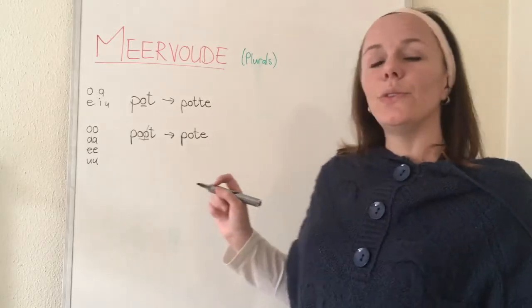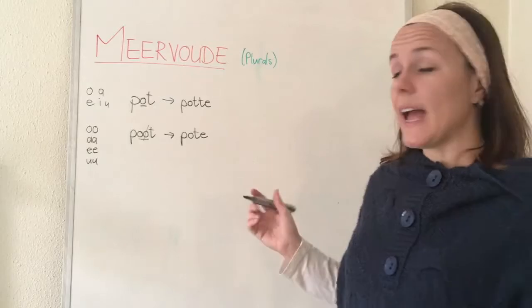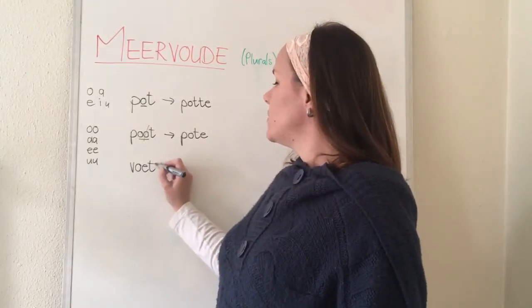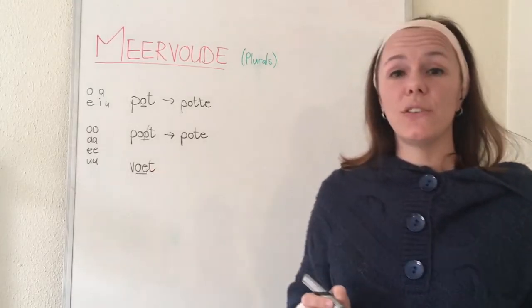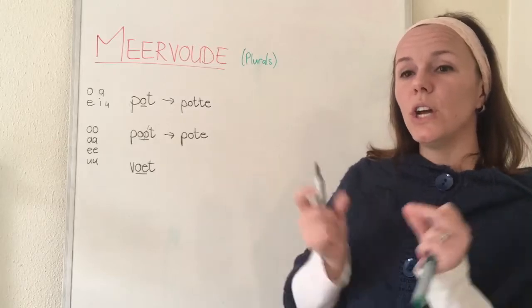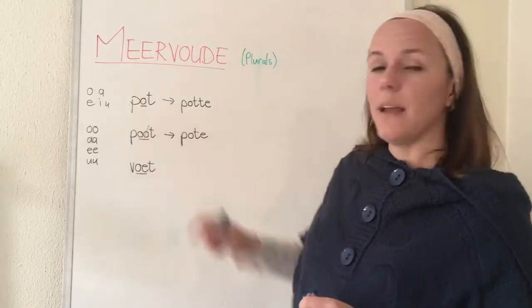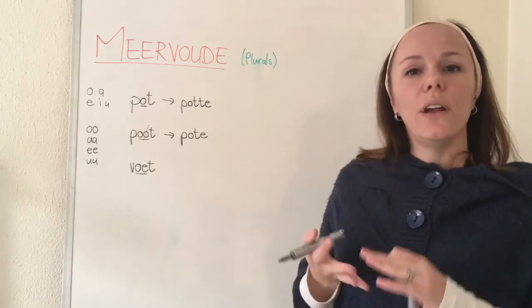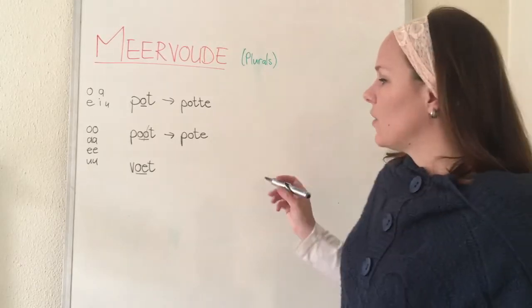The next rule is words that we only add an E. And that's words like foot that has a combination vowel. Remember, a combination vowel is when we have 2 different vowels together, not 2 of the same like that. So that will be sounds like oo, oe, and so on.